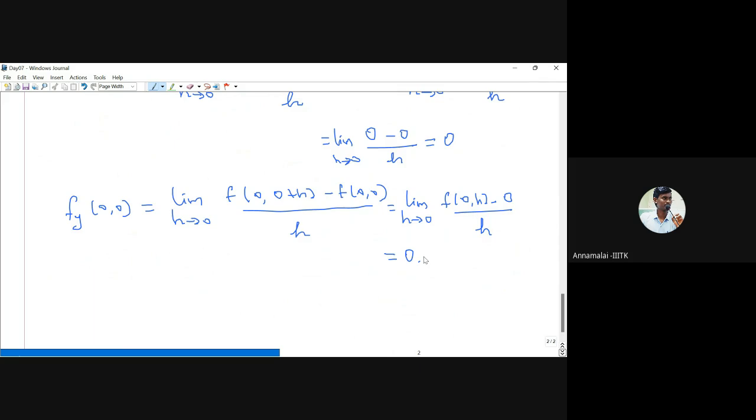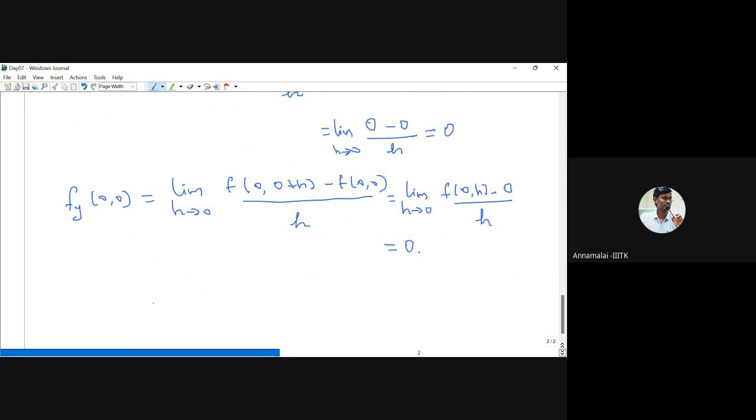Okay. Now, suppose you want to find the derivative at some other point, say at the point (0, k). Again, similarly you can check what the derivative is at (k, 0).